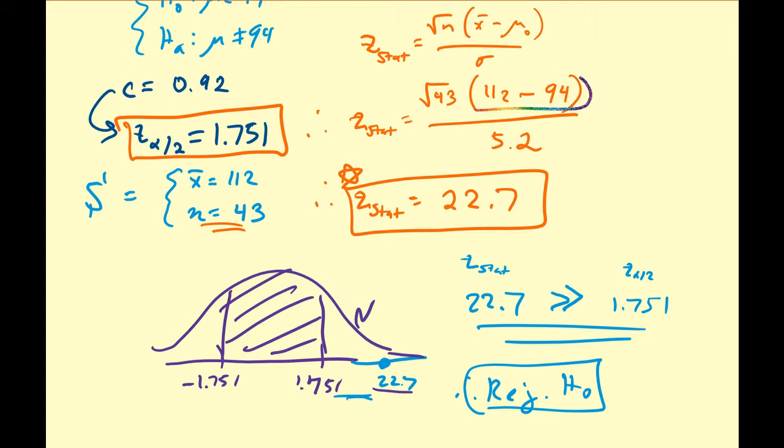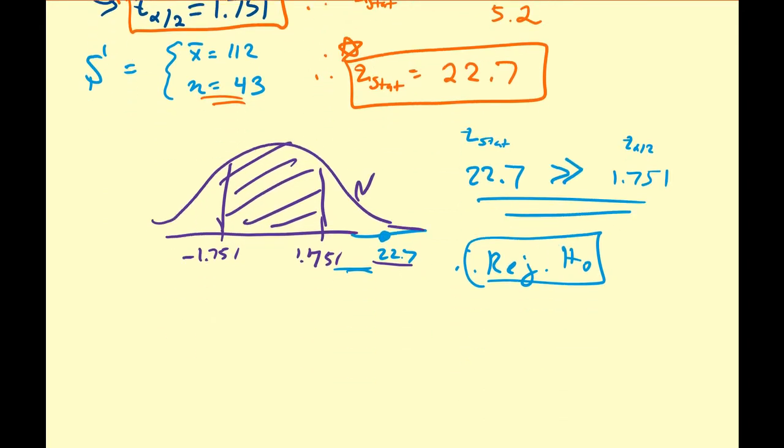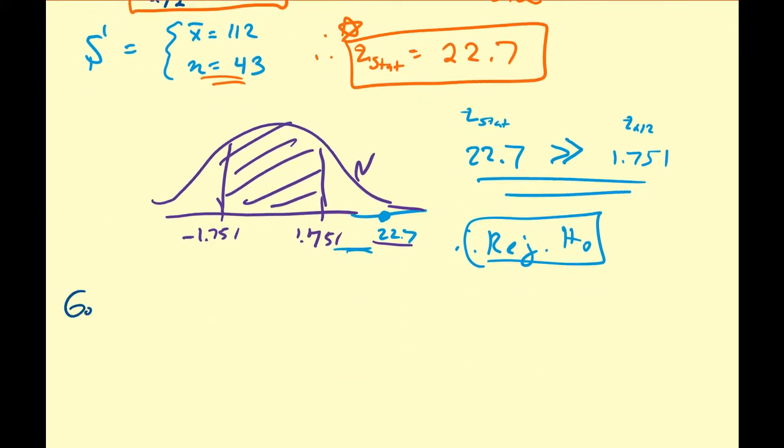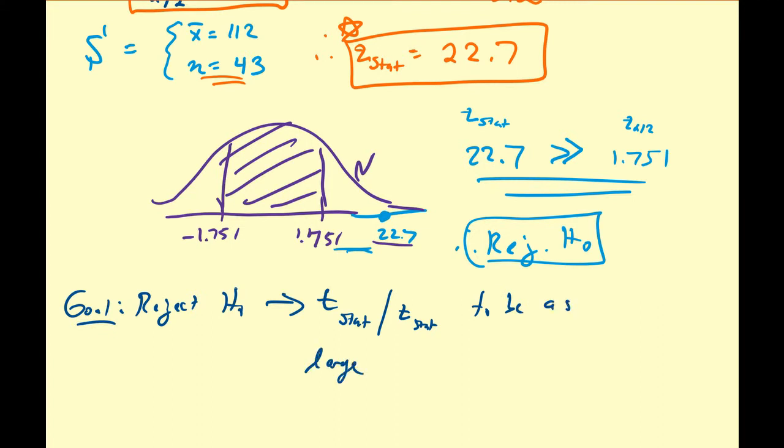It describes mainly the difference between our statistic x bar and what we are trying to prove against mu 0. As long as that difference is really large, this test statistic is also going to be pretty large. So overall, if your goal is to reject the null hypothesis, we want the test statistic, t-stat or z-stat, to be as large as possible.